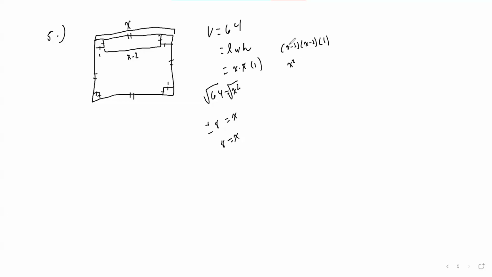If we go this approach, let's see if we get the same thing. So we get x squared minus 2x plus 4, and then 1 times all that. So that's x squared, minus 4x plus 4, equals 64. Then I'll subtract 64, and I'd get x squared minus 4x minus 60 equals 0.